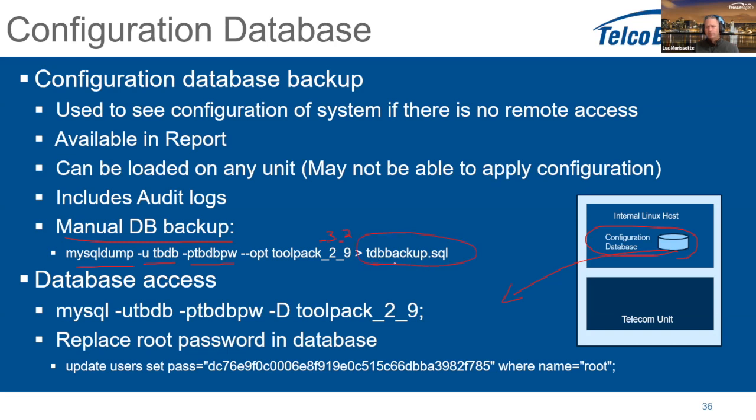And this will be sent to a SQL file. This SQL file contains all the configuration of the system. It can be reused on this same system if something happens with the database, or it can be used on another system to upload and copy the exact configuration from this system.